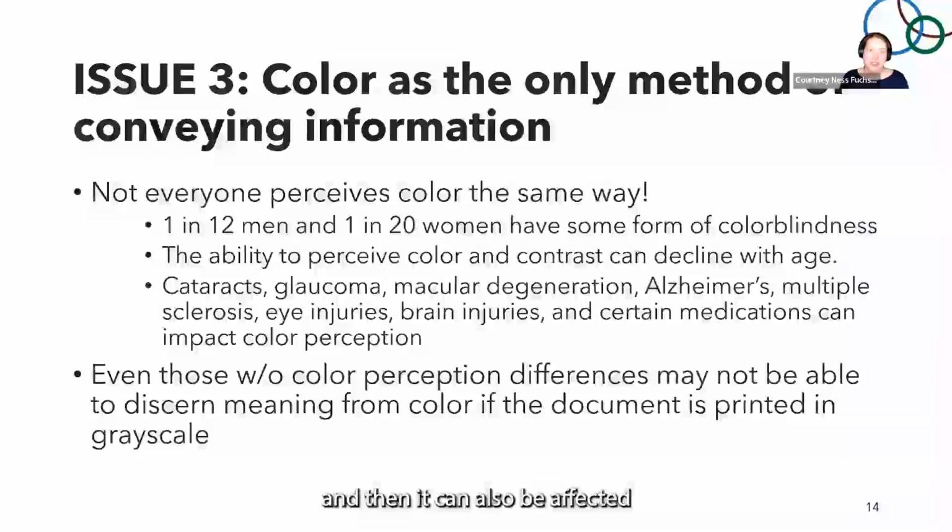And then it can also be affected by eye diseases such as cataracts or glaucoma, macular degeneration, or other diseases like Alzheimer's, multiple sclerosis, or if you experience an eye or brain injury, those can all impact your perception of color. And then even people without color perception differences might not be able to discern meaning from your content based on color if that document is printed in grayscale.